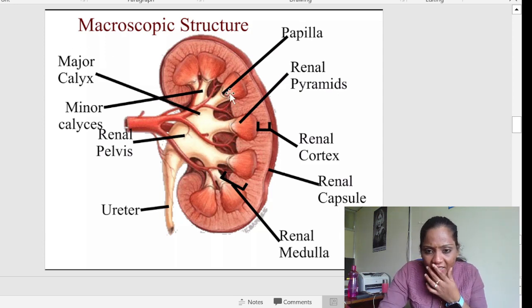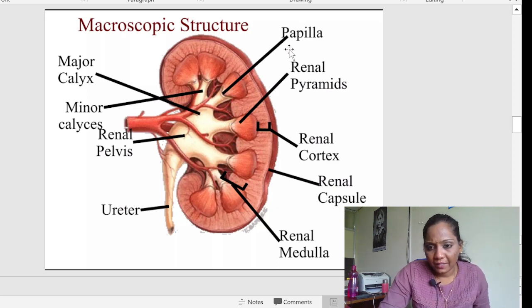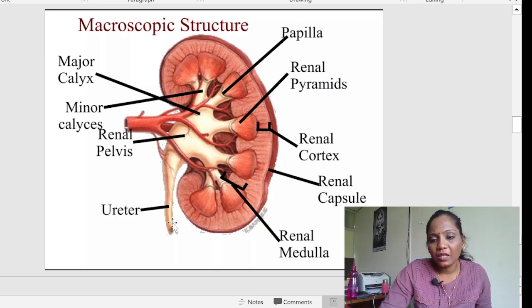So this calyx is directly connected to the renal pyramids with the help of papillae, and from the papillae it is divided; the major one we call the major calyx, and the lower one... here the middle portion where the hilus is, that portion we call the major calyx, and the dividing portions we call the minor calyces, and this is called the renal pelvis. Is it clear? So the continuation of the renal pelvis is the ureter.